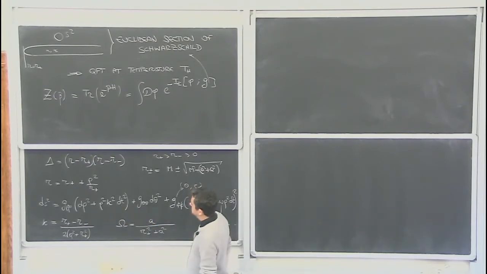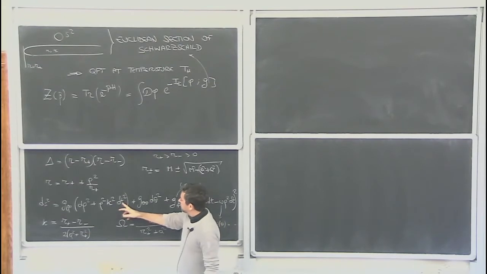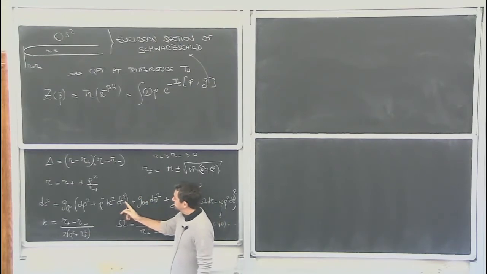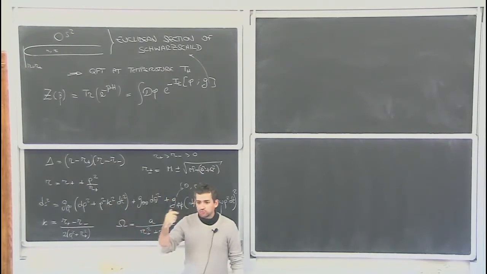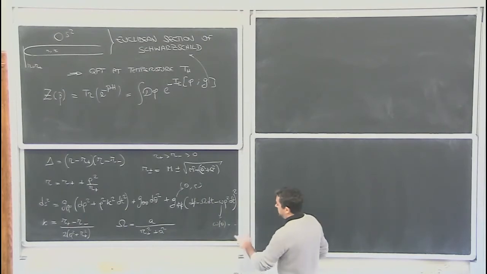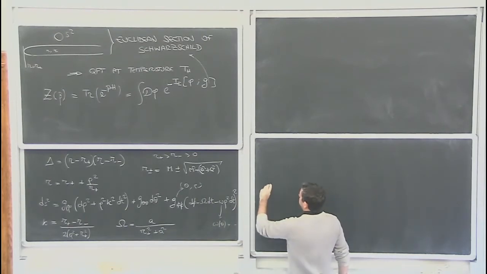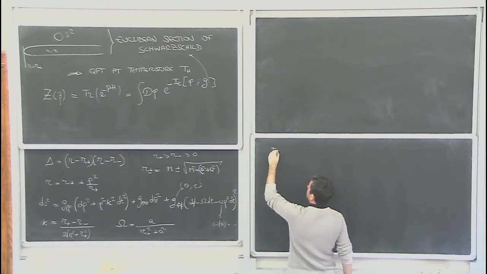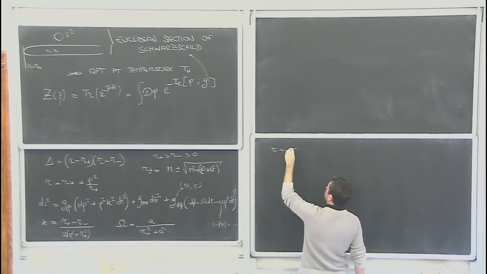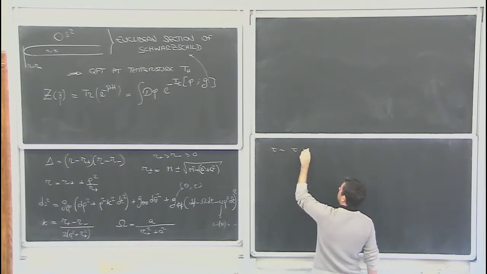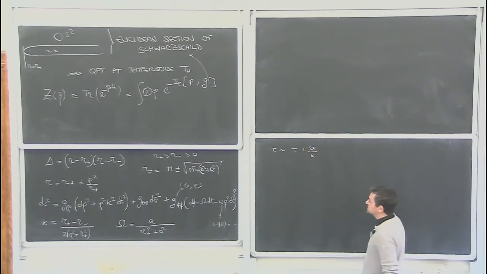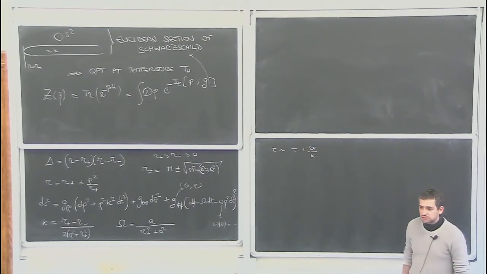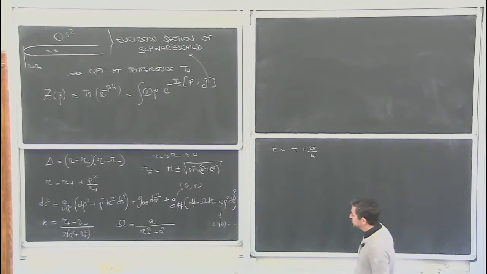So first I go Euclidean, so t becomes −iτ, and then this κ times τ must be defined up to 2π. It must be identified with periodicity 2π. So τ is identified with τ plus 2π over κ, which is the inverse Hawking temperature, which is good, is what we expect.